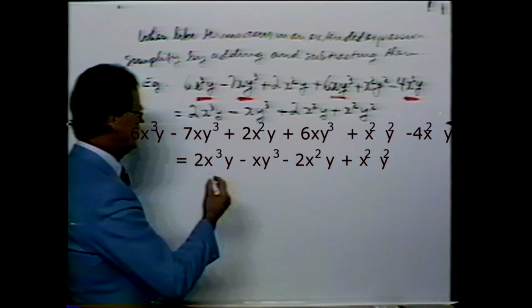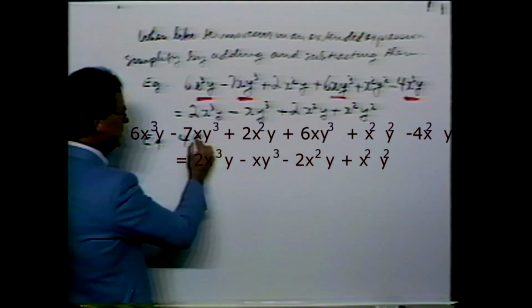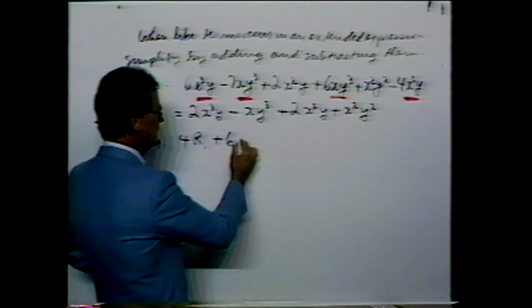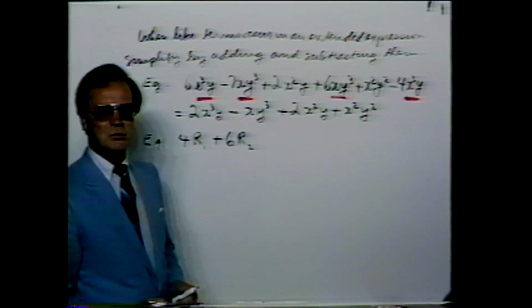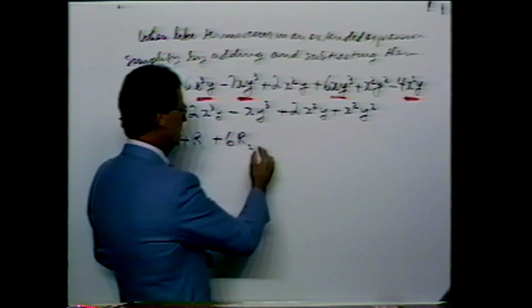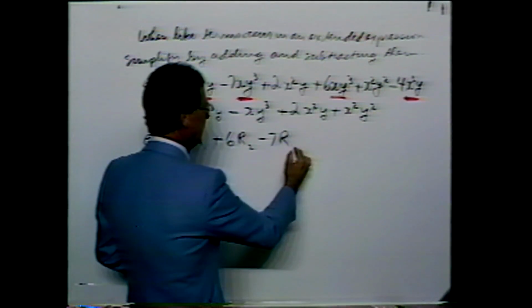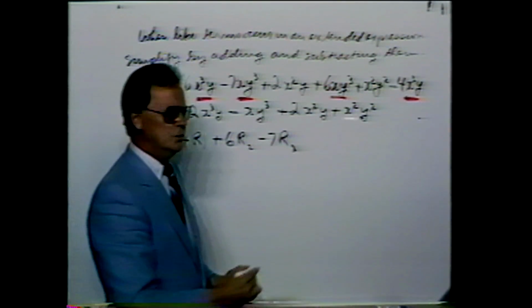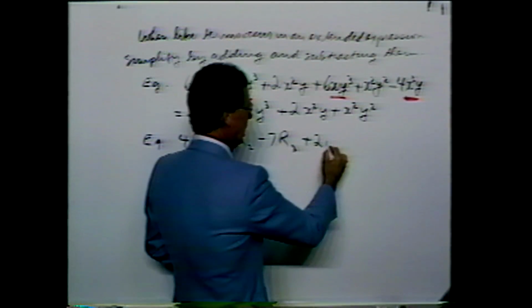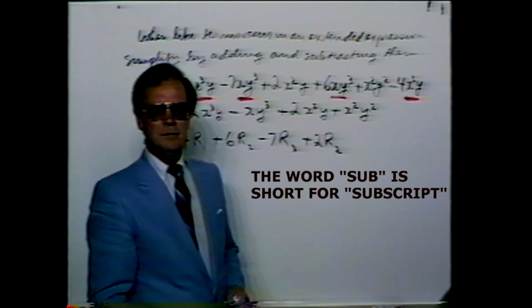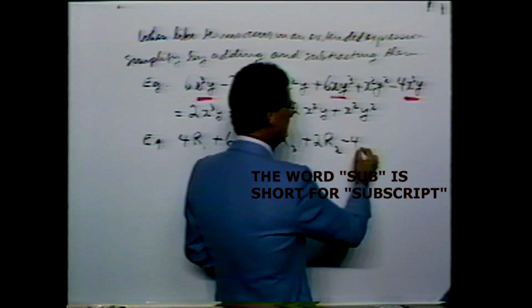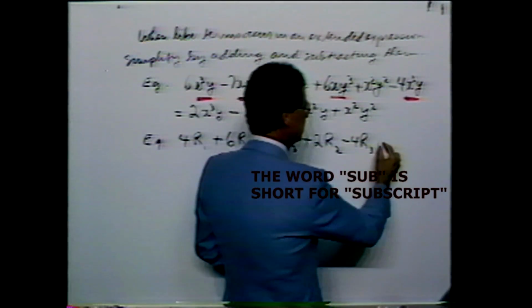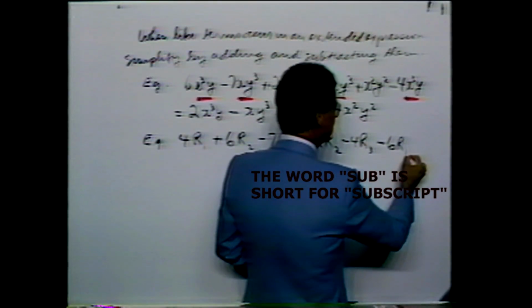Here's another example. R subscript 1 plus 6 R subscript 2 minus 7 R subscript 3 plus 2 R sub 2 minus 4 R sub 3 and minus 6 R sub 1.